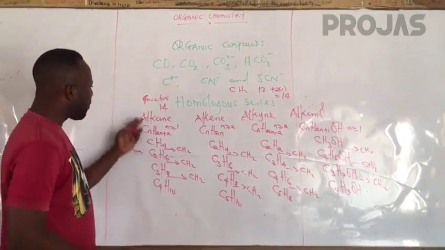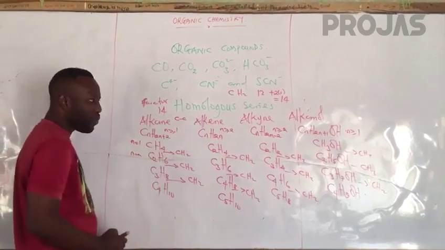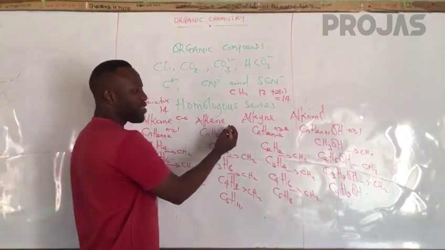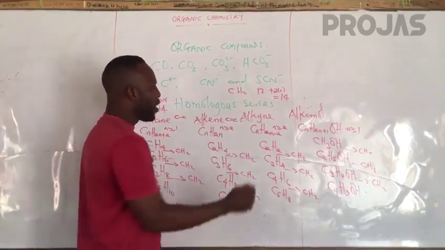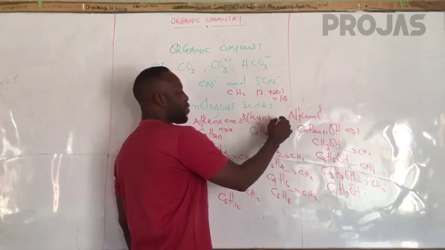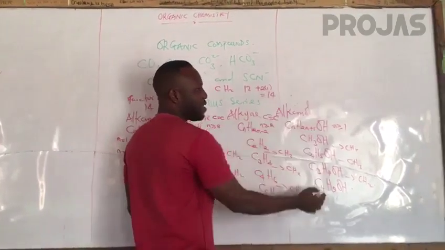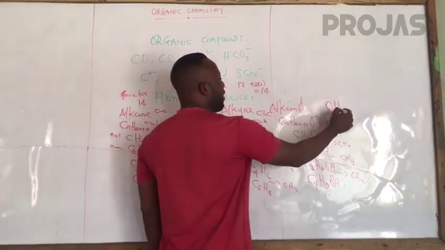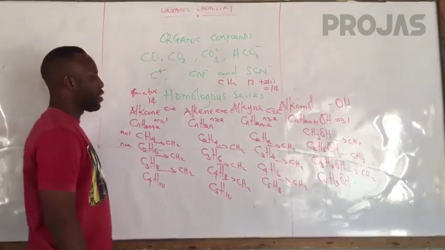All members of alkanes possess a carbon-to-carbon single bond. All members of alkenes possess a carbon-to-carbon double bond. All members of alkynes possess a carbon-to-carbon triple bond, while all members of alkanols have the hydroxyl functional group, OH.